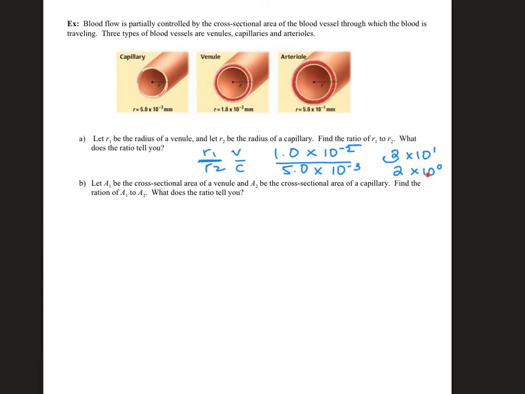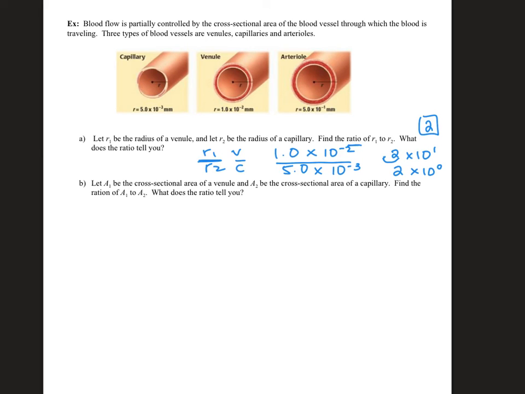But oh wait, anything to the 0 power is 1, and so then 2 times 1 would just be 2, which also makes sense because on that particular one, remember this would mean move it one space to the right, this would mean move it 0 spaces. So my answer is just going to be 2, and so what that tells me is that my venule radius is 2 times the size of a capillary radius.